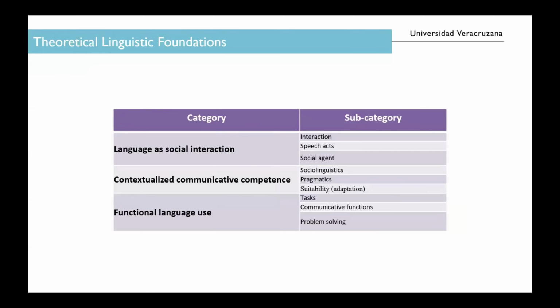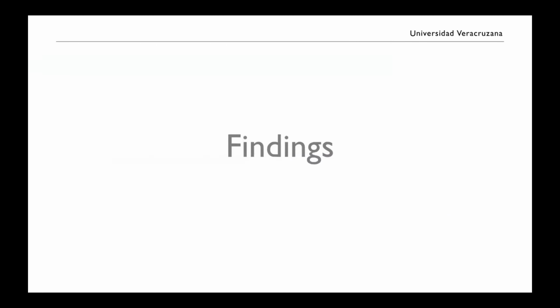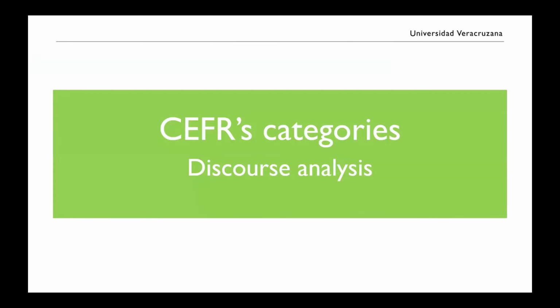And from the theoretical linguistic foundations, instead of analyzing from the point of view of authors, the analysis was performed taking into consideration mainly some general aspects of language: language as social interaction, contextualized communicative competence, and functional language use, with all the subcategories that we can observe. After this, we performed the analysis.